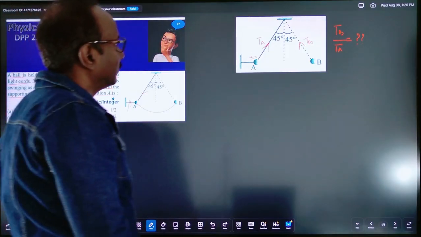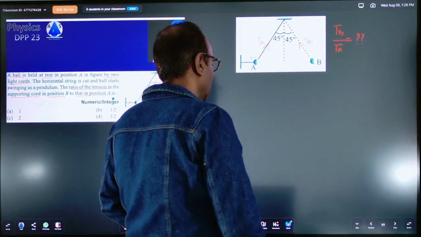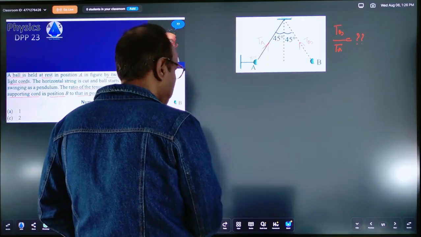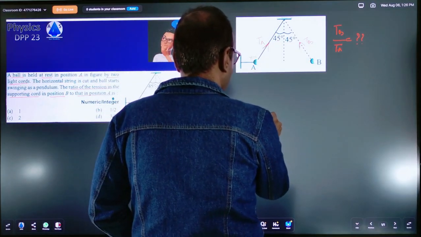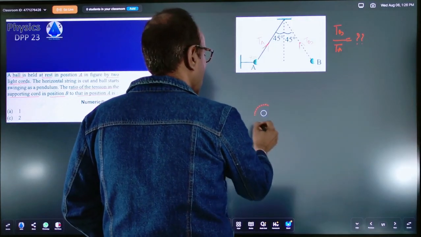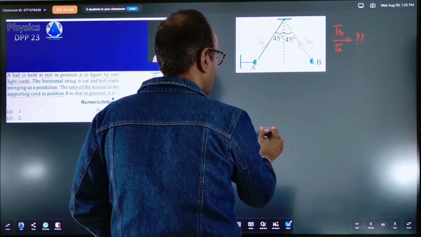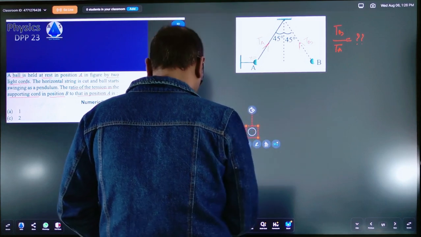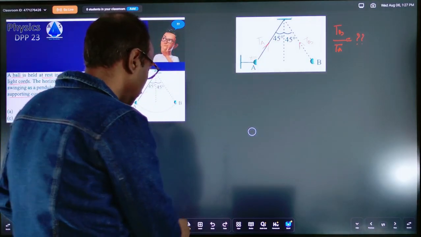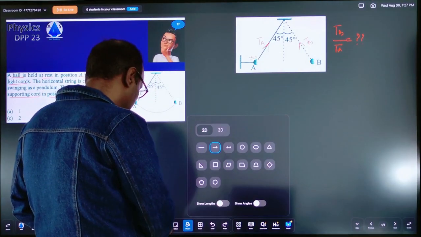So let us make the free body diagram of the ball at position A. Which all forces are acting on the ball at this location?